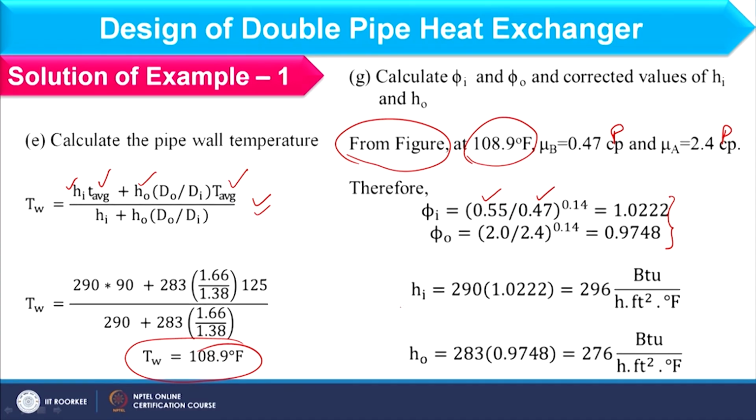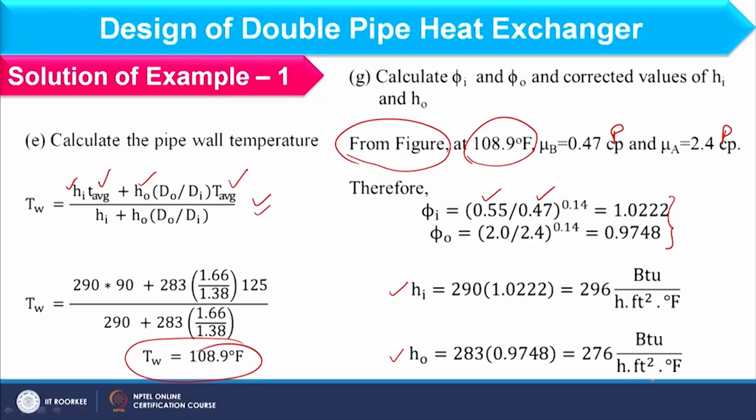So, considering these values, we can calculate h_i and h_o as 296 BTU/hr ft² °F and 276 BTU/hr ft² °F respectively. So, in this way you can find out h_i and h_o with the viscosity correction factor.